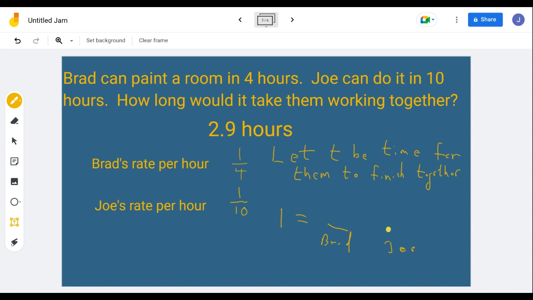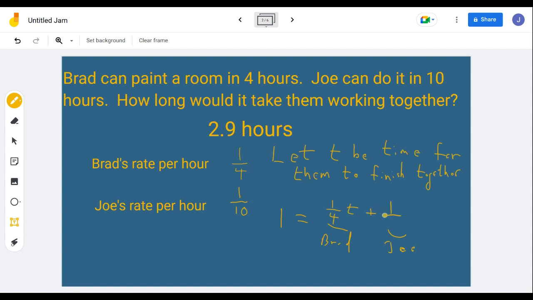How much would Brad have done after time T, where T is the time when they've completed it together? Brad has completed 1/4 times T, because it's like distance is rate times time. It's not distance here, it's the total amount that got painted, but it's still rate times time.